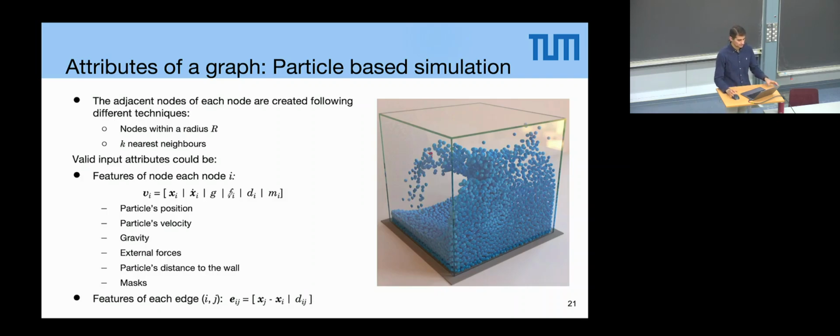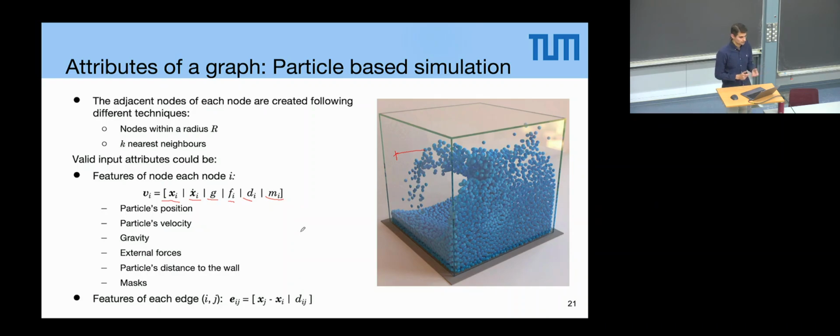Now we can assign them features. Some possible features that we could have for the nodes are their spatial location, also their velocity, the acceleration due to gravity, any external force, the distance to the wall of the particle, and also some mask that we could use to indicate if we have different kinds of substances.